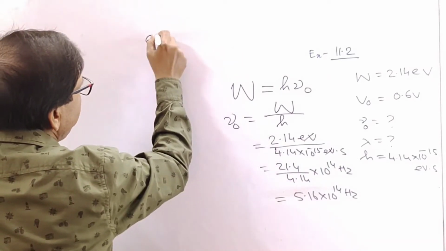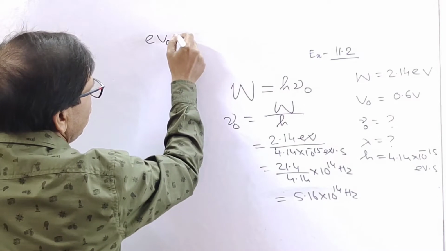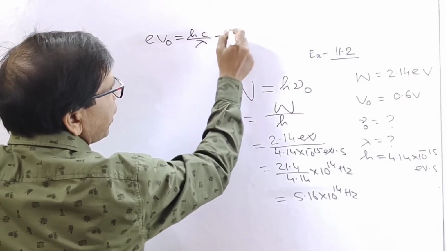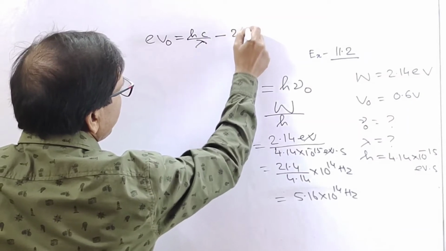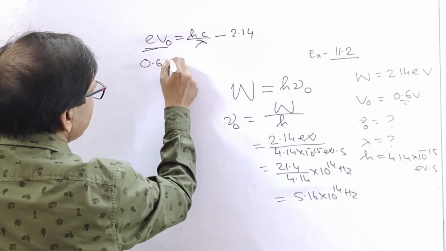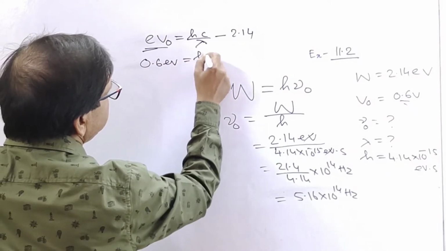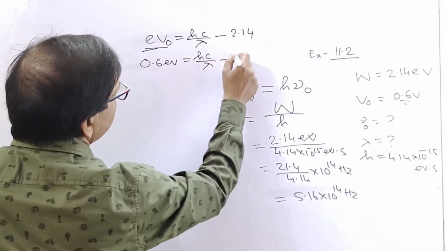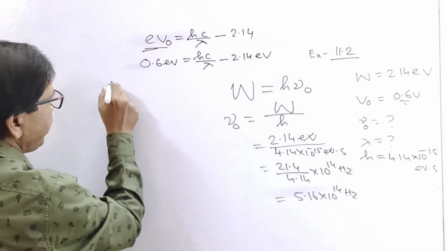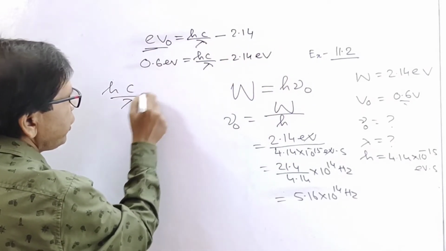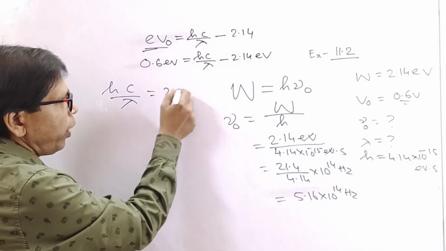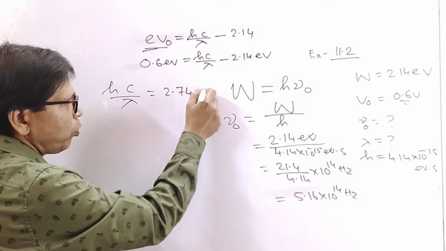Here maximum kinetic energy of electron eV naught equal to hc by lambda minus 2.14. Now this is the 0.6 electron volt equal to hc by lambda minus 2.14 electron volt. Therefore hc by lambda equal to, look at this plus this, so this is the 2.74 electron volt.